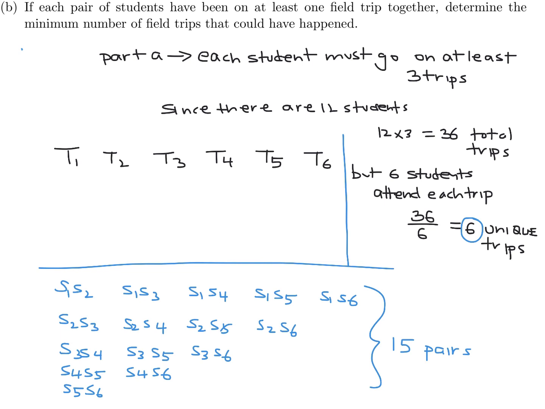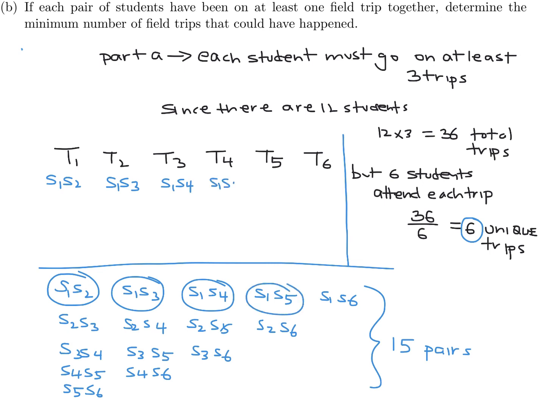Okay, so let's start adding these. S1 and S2, let's put that here. S1 and S3, we're going to put that there. S1, S4, we'll put that here. S1, S5, I'll put here. S1, S6, I will put here. Okay, so S1 has pretty much been assigned. Now we have to start putting in the other ones. S2, S3. Well, I can't put it here because S2 has already been placed in trip number 1.